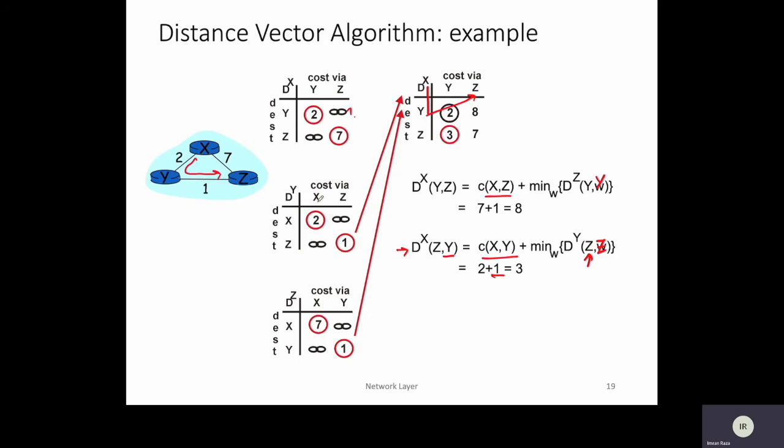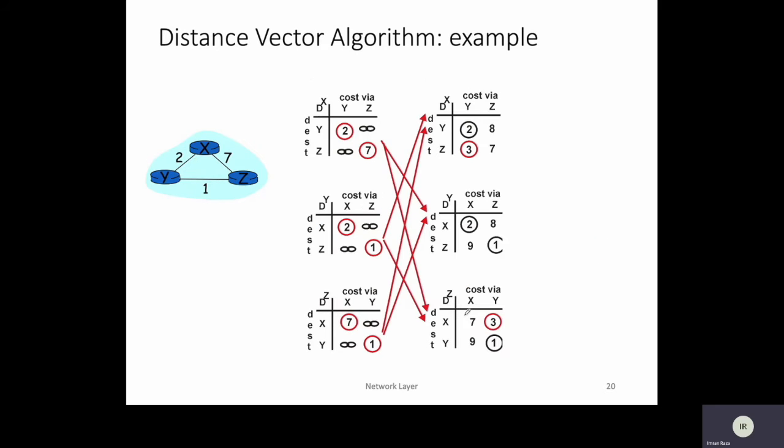And similarly, in order to calculate the table of y, y will receive updates from x and z, right? And for the calculation of z's table, z will receive updates from x and y, right? And we can again see the situation in the table of y and z.